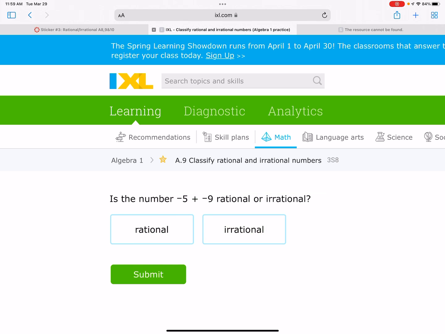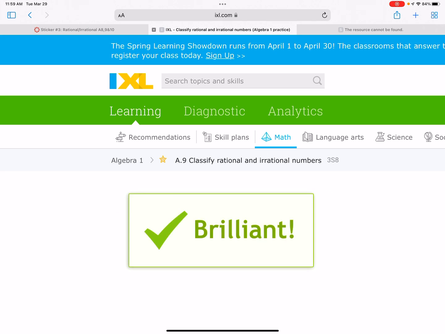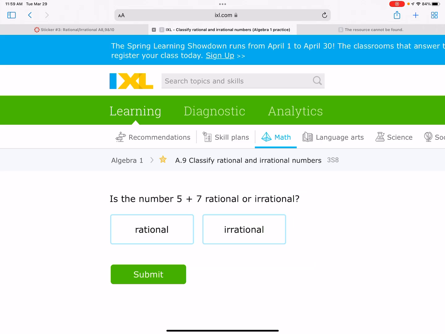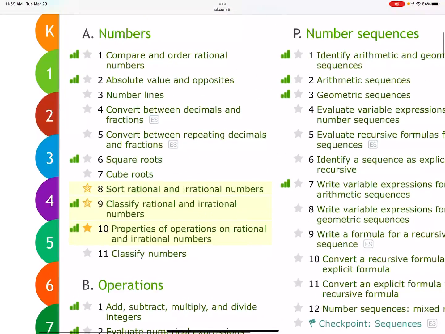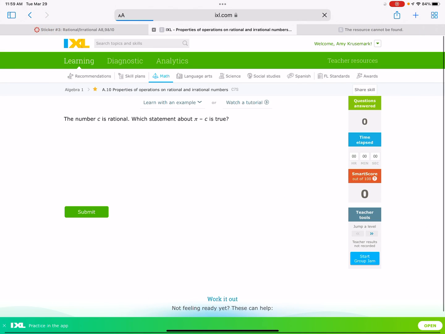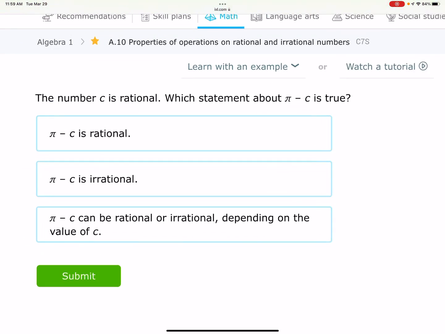Negative 5 and negative 9, those are totally rational, so we get rational. Do we get how to do this? We don't have to do this forever. I'm not working toward a score. I'm just making sure that I can answer one of those questions. All right, number 10, what about when I add or subtract?